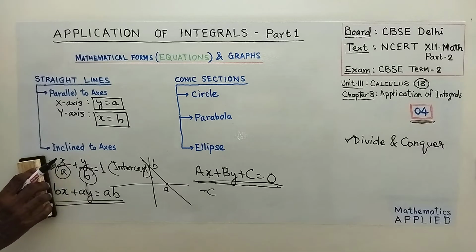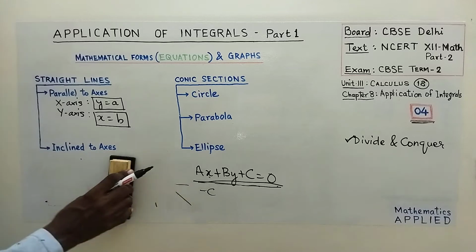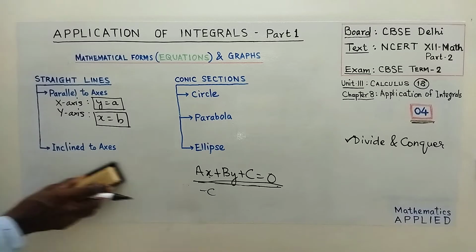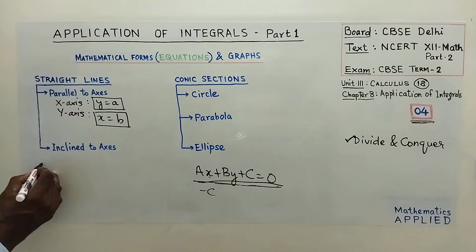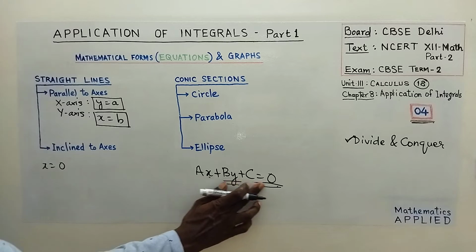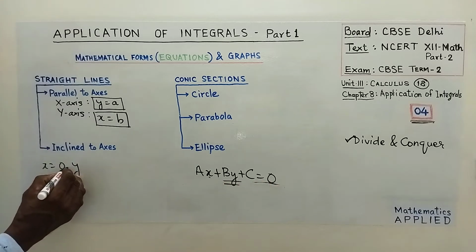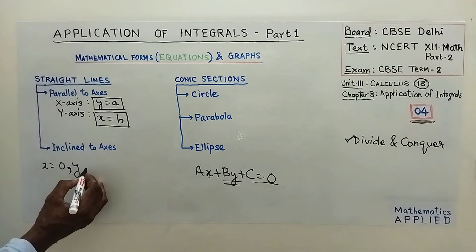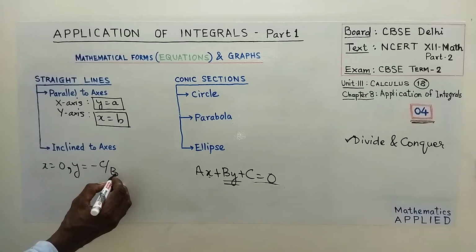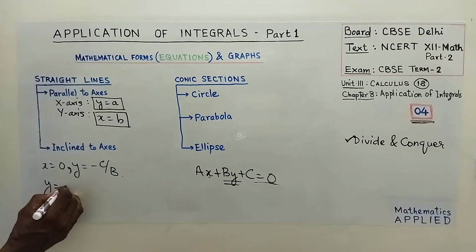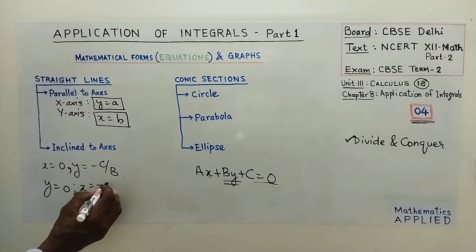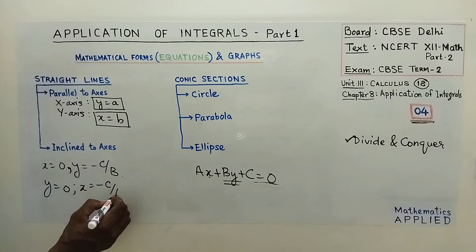But that is one way, and there is another way of doing it. We can just put x equal to 0 in this, and you will get the corresponding y equals minus c by b, right? And put y equal to 0, and you get x equals minus c by a.